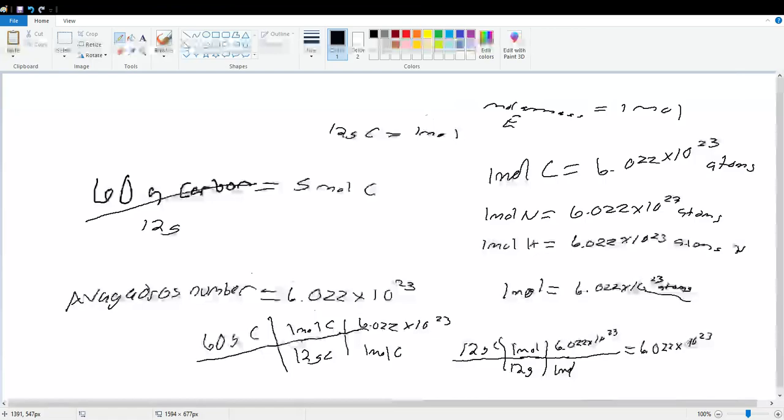Does that make sense? So, for the particular problem that we did in Part 1, let's do it up here. If we're given 60 grams of carbon, you divide that by the molar mass, which gives you 1 mole. Well, for 1 mole of carbon, it's 12 grams.